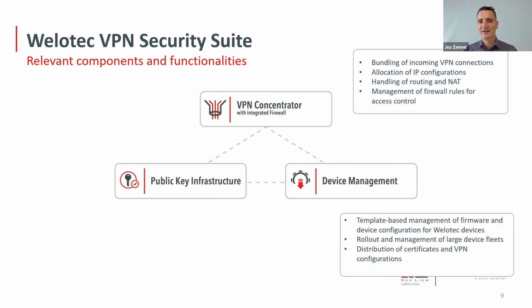It will all be done by the central software. It's easy for rollout at large fleets of devices, but it's also worth using for a handful, like 5 or 10 devices. Also, the device management is responsible for distributing the certificates for the VPN and for the applications and the configurations.